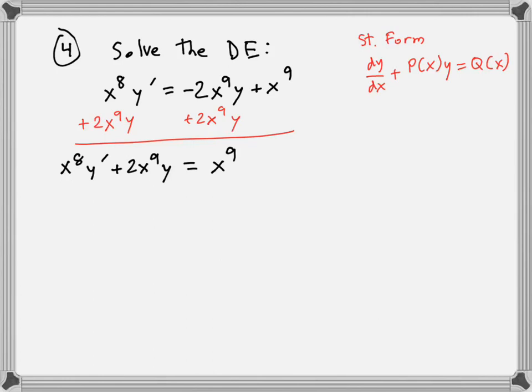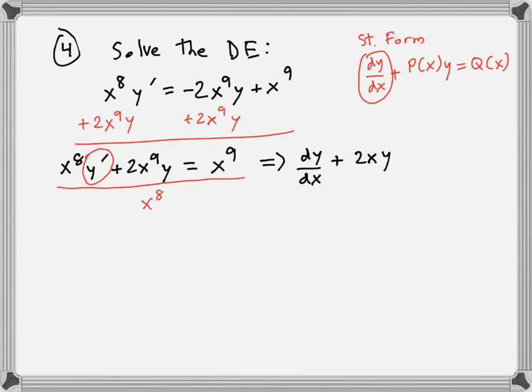Now it still doesn't quite look like the standard form because we need to get dy dx by itself. dy dx is not by itself right now because it's being multiplied by x to the 8th. So we're going to divide the entire equation by x to the 8th. This leads us to the following. y prime, which I'm going to write as dy dx just so it's more familiar, dy dx plus 2xy is equal to x. Now we're in standard form.